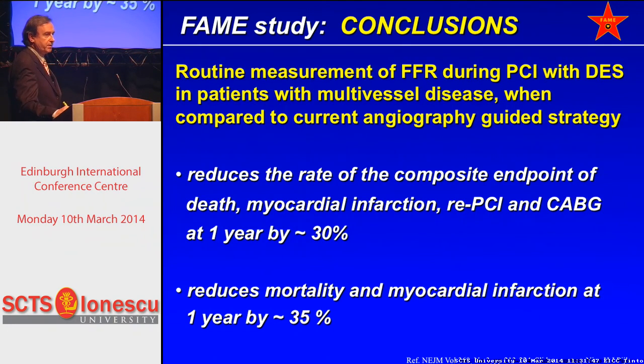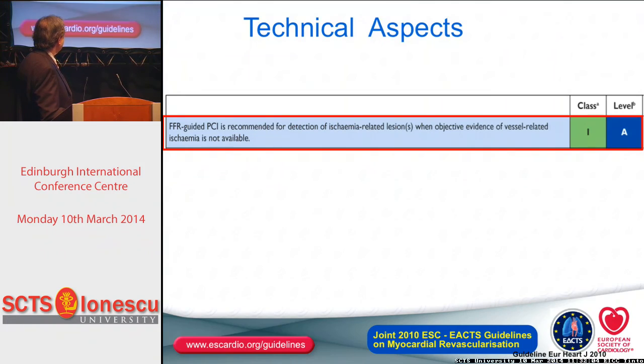That was the reason why this trial was prematurely stopped, because the results with FFR were so convincing. And that's why it has become standard in many cath labs, particularly for intermediate lesions, and it will also be seen in the new guidelines that FFR plays a major role today. Here you see the guidelines, the recommendation 1A, recommendation to use FFR.